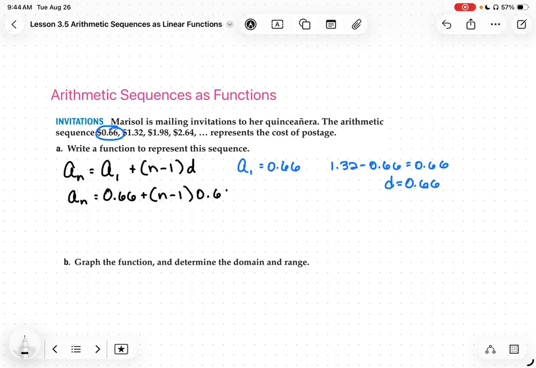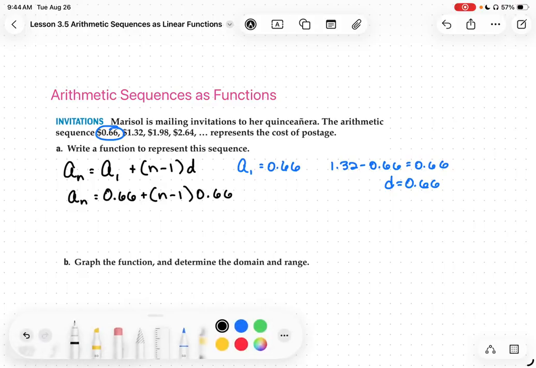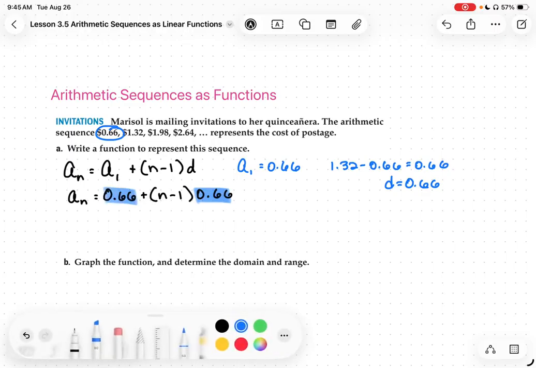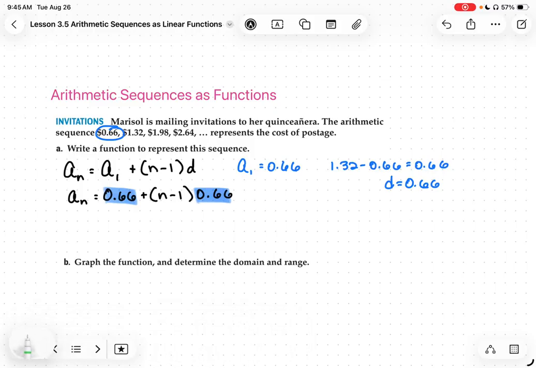Okay, so here's what the equation looks like when we replace our d with 0.66 and our a sub 1 with 0.66. We can clean this up a little bit with the distributive property, so let's go ahead and do that. 0.66 times n is 0.66n, and 0.66 times 1 is 0.66. And at the beginning, we have a sub n equals 0.66.